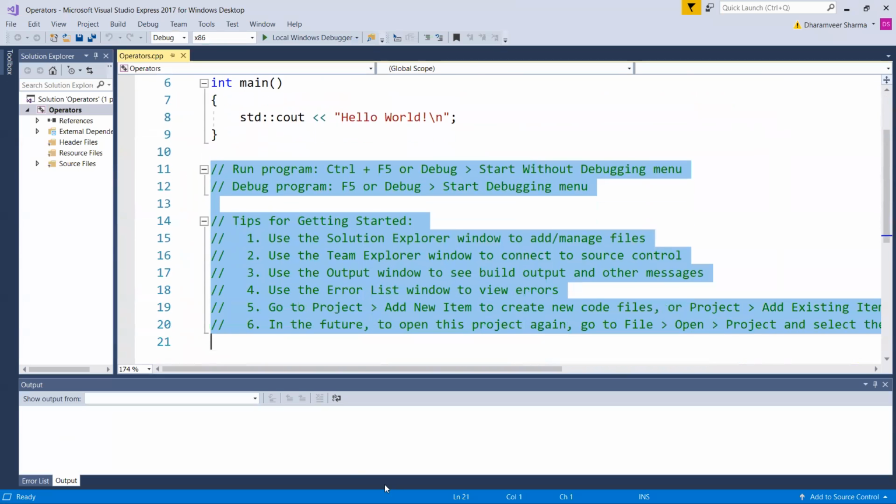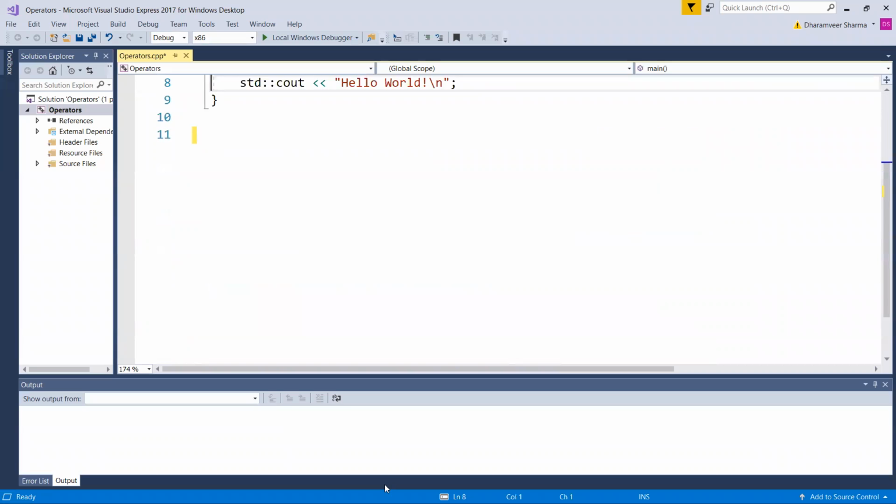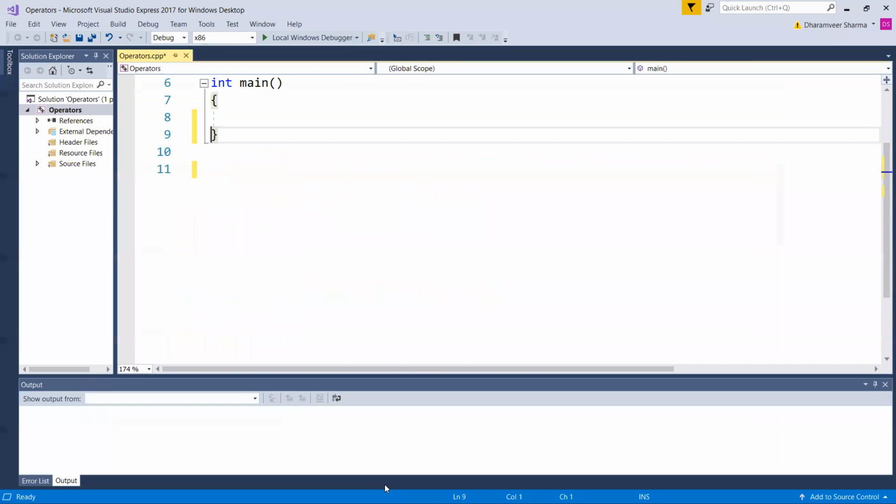Okay, let's try this here. int a is equal to 3 divided by 2 multiplied by 2. cout a.